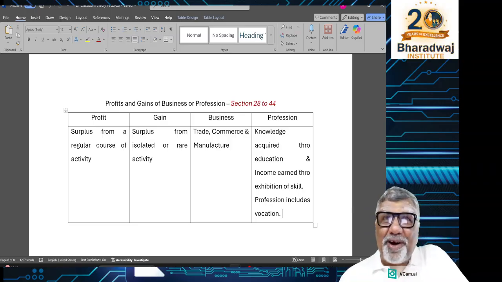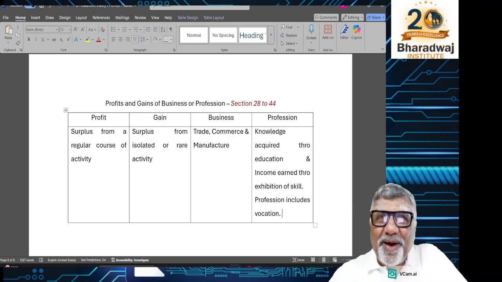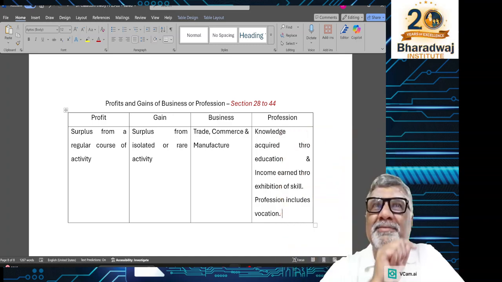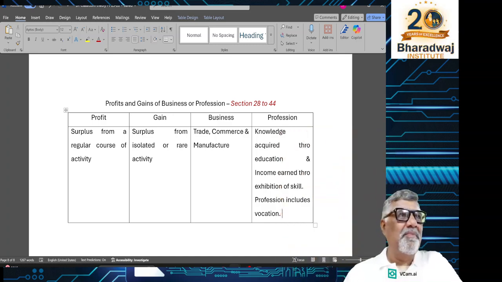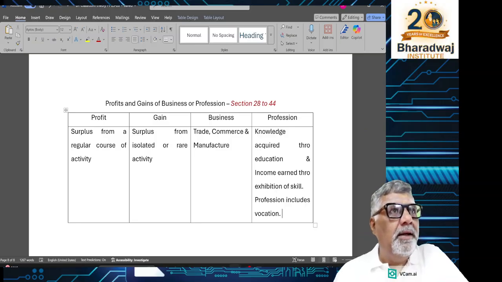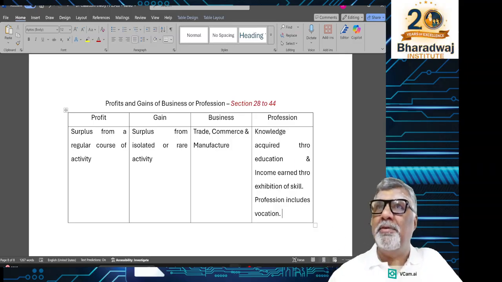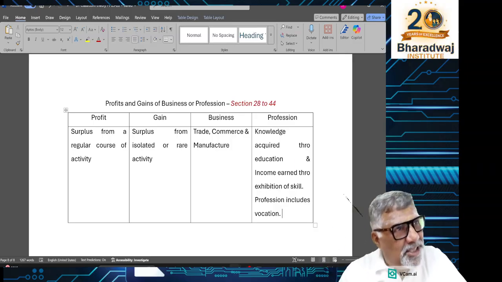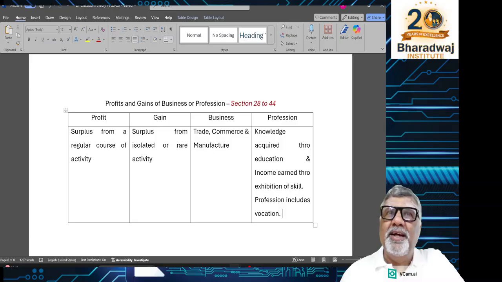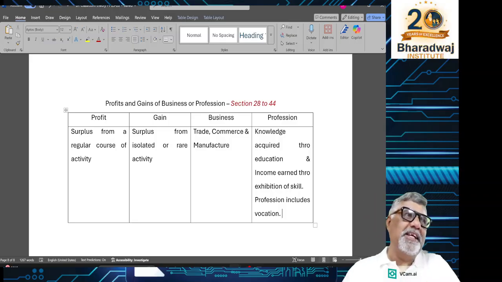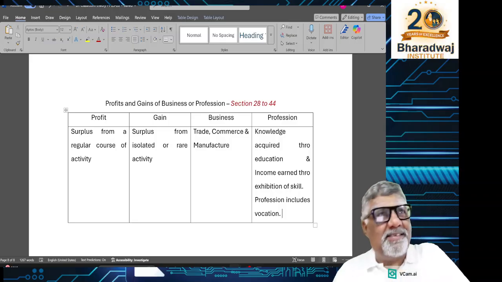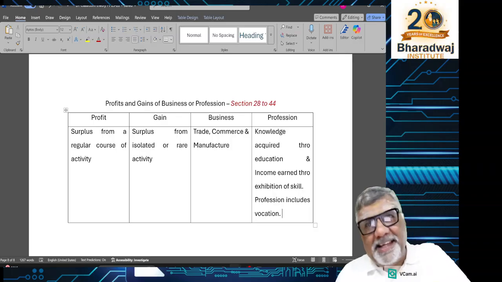But the court said, boss, you are carrying on vocation. A father reading Bible in the church and receiving money, vocation. It is partly educational, partly skill basis. In our friend's case, yes is silent.